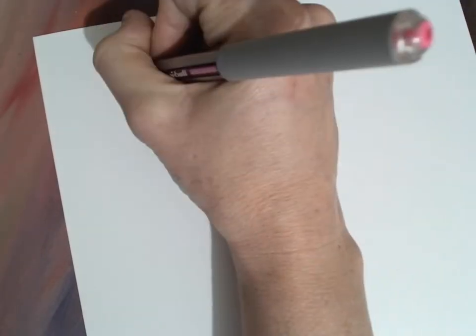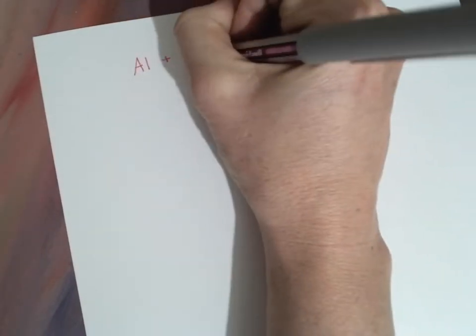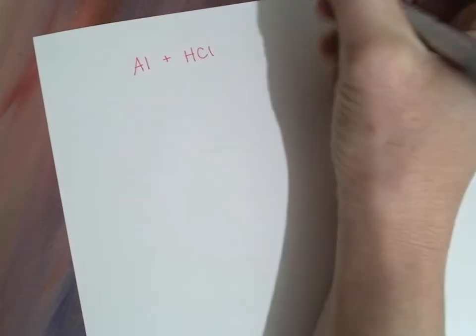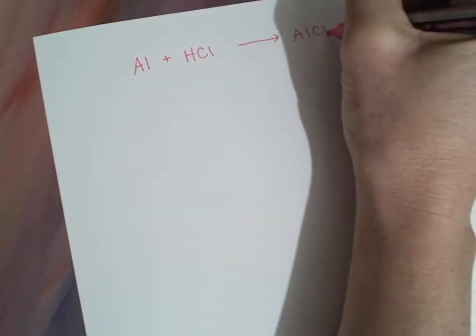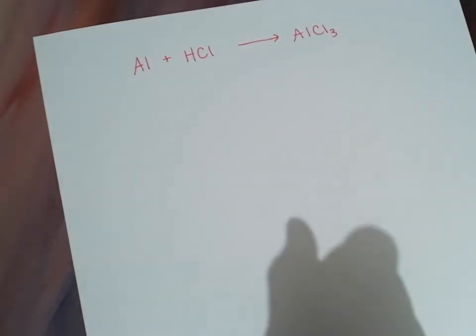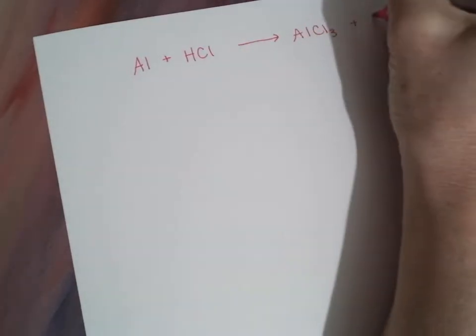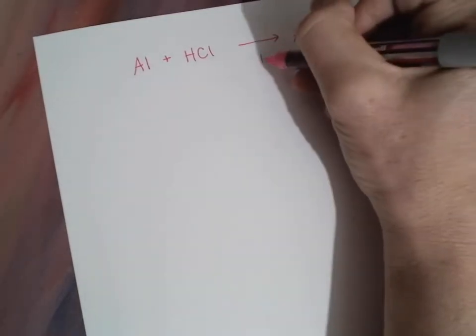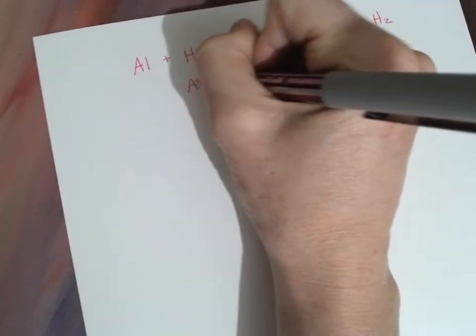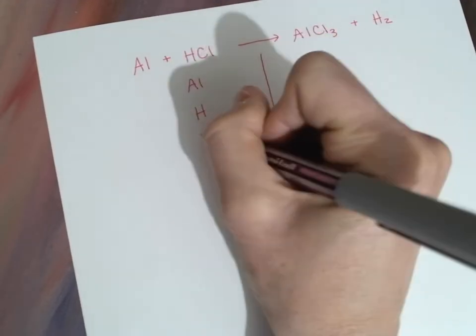Let's try this together. Here is the equation. We have aluminum plus hydrochloric acid yields AlCl3 plus H2. That's the first thing I did, I wrote the equation. Now I'm going to list out my elements.